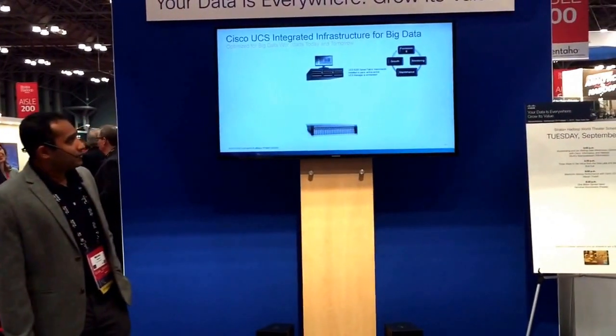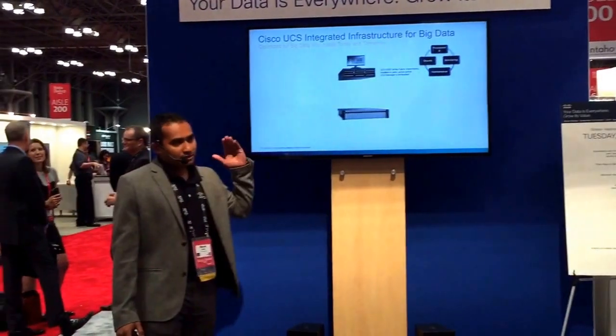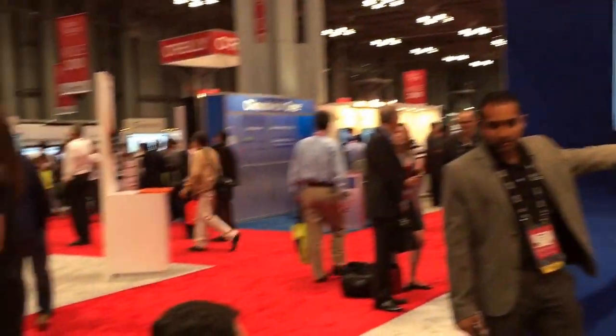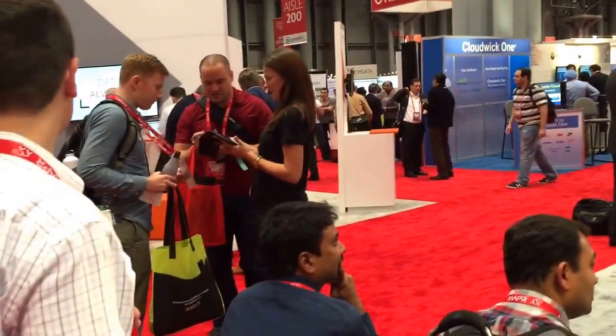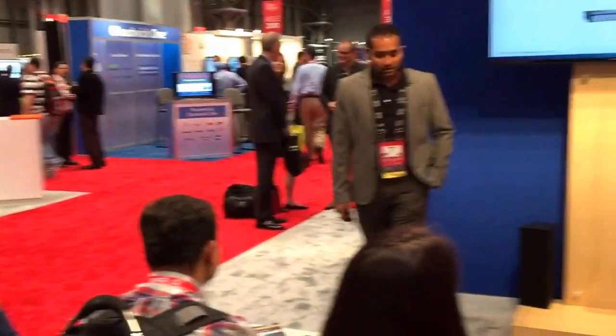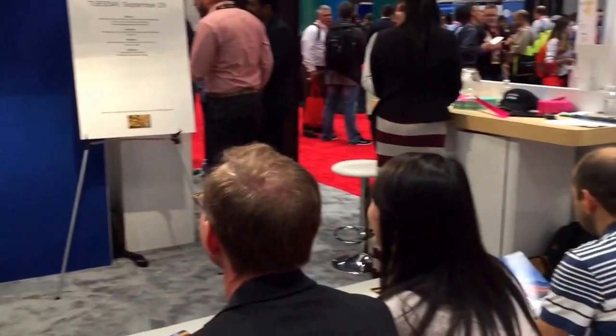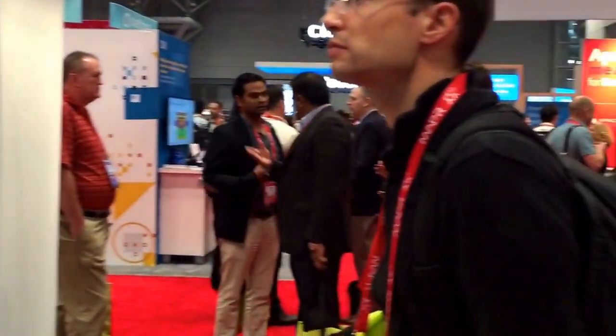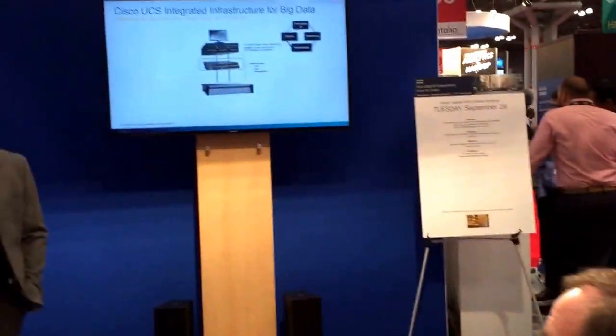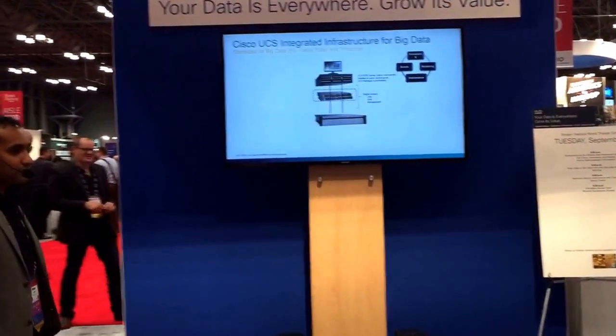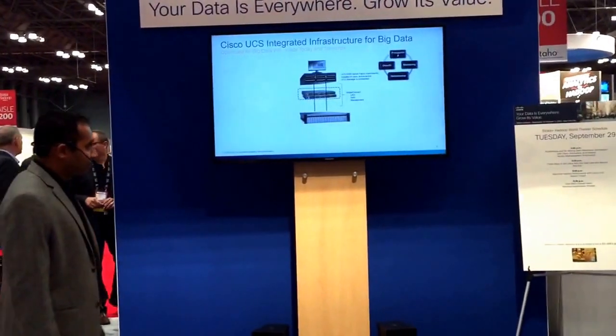When we talk about UCS, we don't forget the compute and its core strength, which is the C240. All the C-series servers are connected with dual 10 gig connectivity to the Fabric Interconnect, and all servers are connected through single-wire management. So the data and management traffic are all connected over a single wire, meaning less wire overhead.